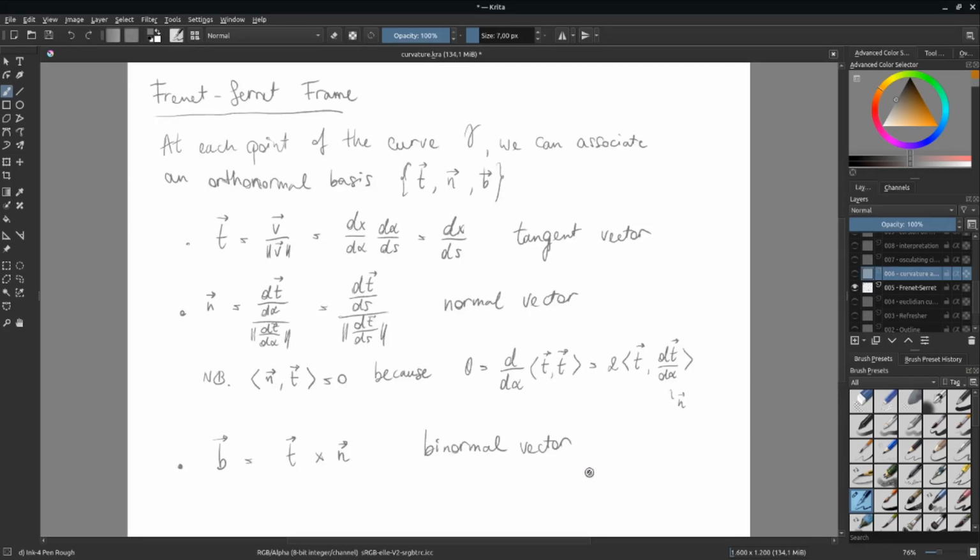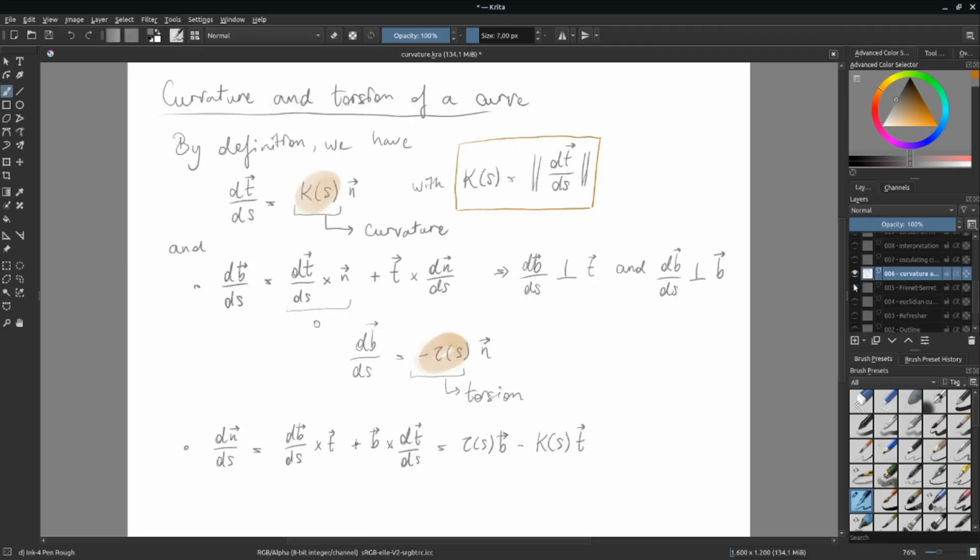So essentially, if you play around with these, notice that by definition, the derivative of the tangent vector with respect to the length is proportional to the normal vector. If we call whatever that vector is k of s, it turns out that k of s is simply the norm of dT over ds, and we'll call that the curvature.